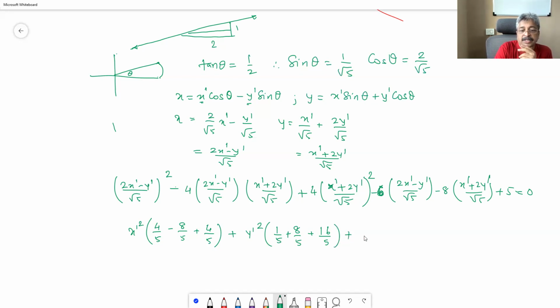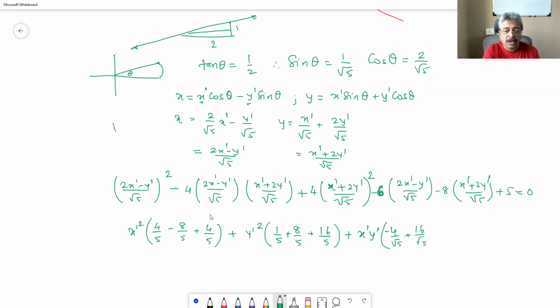Now let us find the x dash y dash term, and it is expected that it will get cancelled, so it is 2 into 2, 4/√5. Then the term here will be minus 4/5. Here it will be 16/√5.